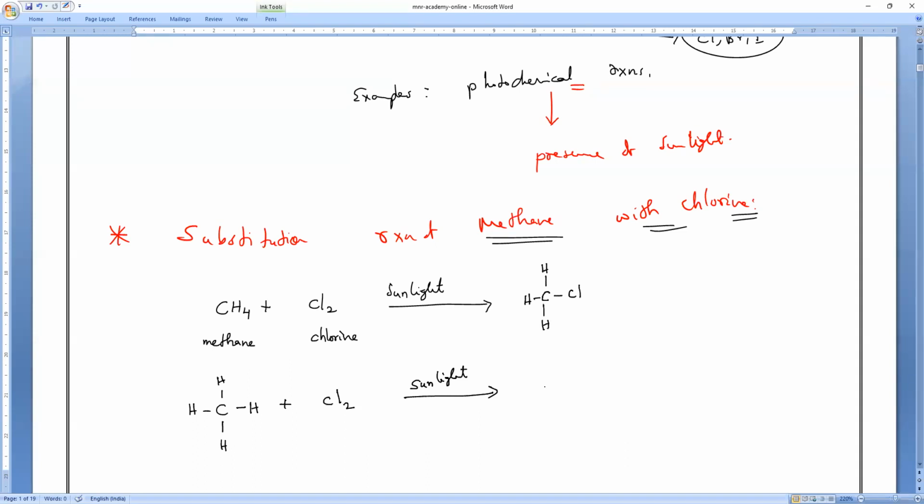Of course, I will draw it down. One hydrogen alone you replace first. If you continue, every hydrogen will be replaced. So what will happen? CH3Cl plus one hydrogen plus the remaining one chlorine: hydrogen chloride will come.